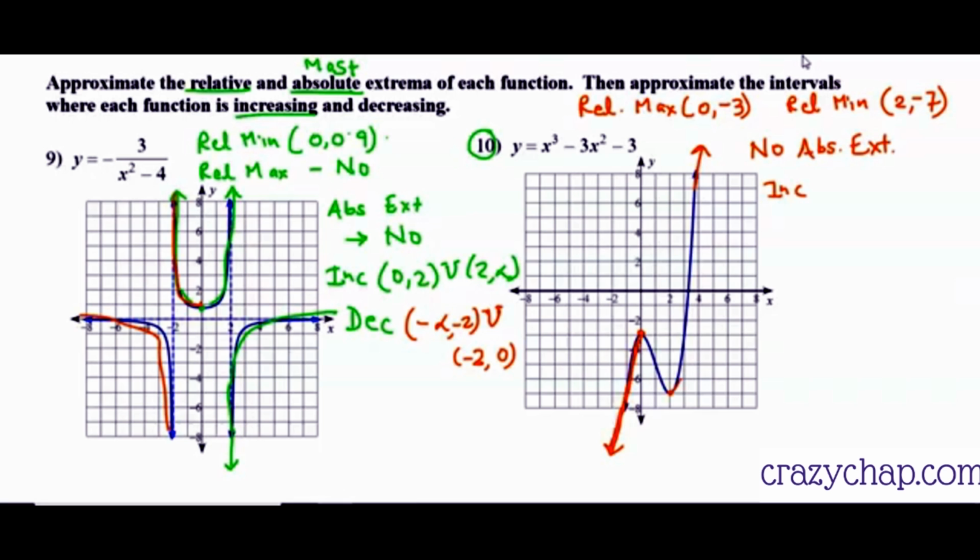So the increasing interval is from negative infinity to 0 union 2 to infinity, and the decreasing interval is on the remaining section, you can see already, from 0 to 2, the interval where x is 0 to x is 2. So it is the interval from 0 to 2.